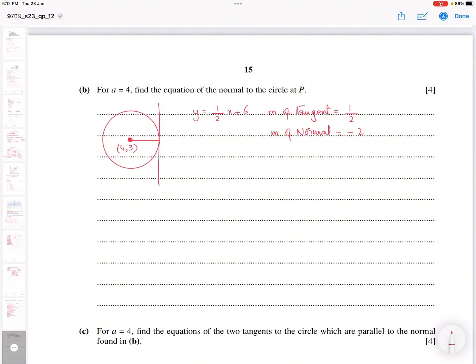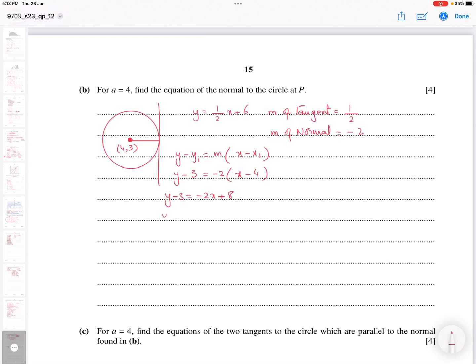So use y minus y1 equals m times (x minus x1). So y minus y1 would be y minus 3 and m is minus 2, x minus 4. Now y minus 3 equals minus 2x plus 8.